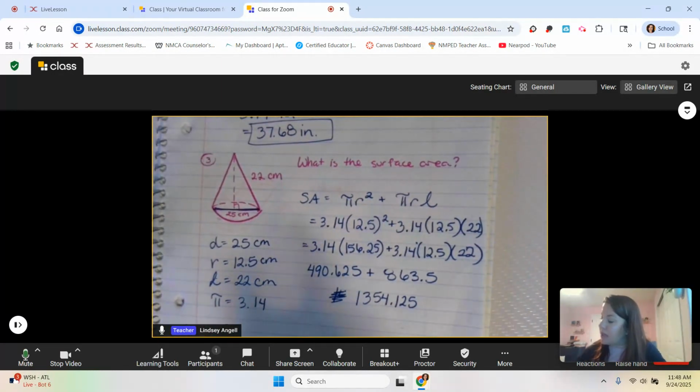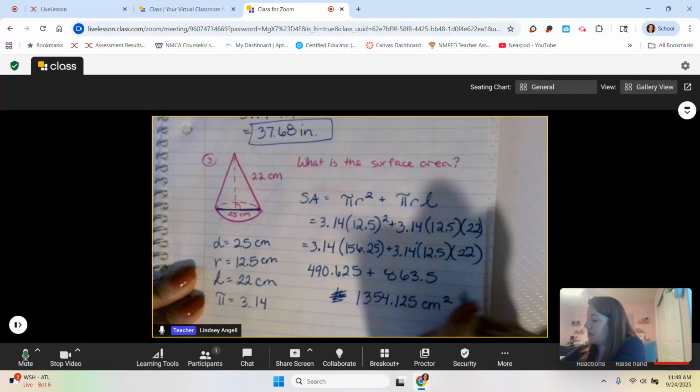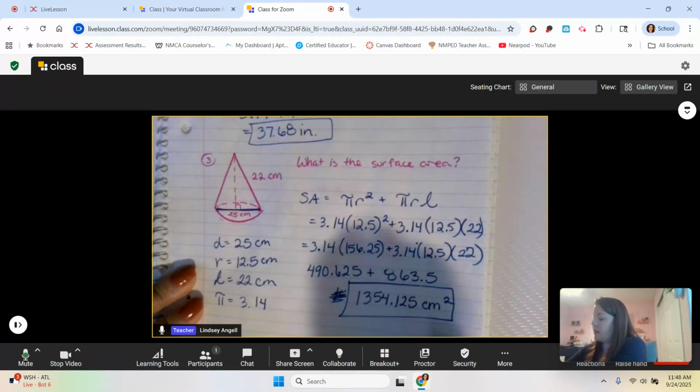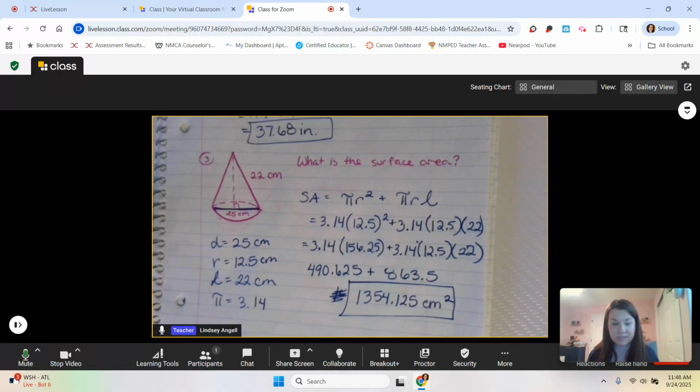And we were talking about centimeters, and they are squared. So that would be your final answer. And just pay attention if it asks you to round to a certain place value, then make sure you pay attention to that as well.